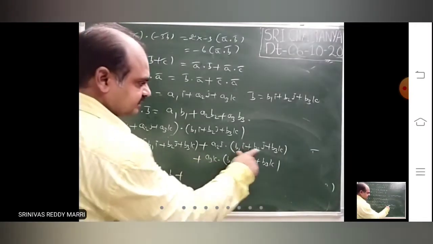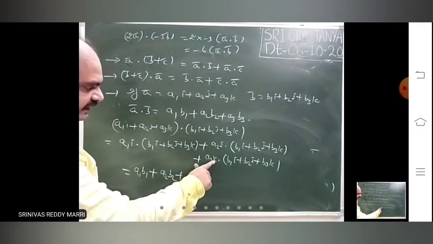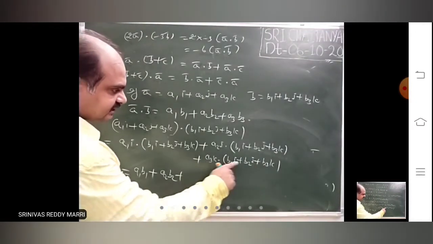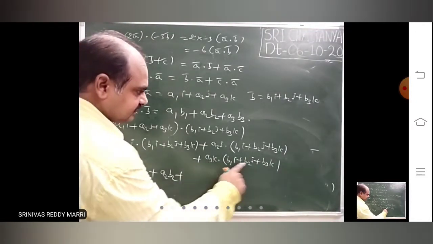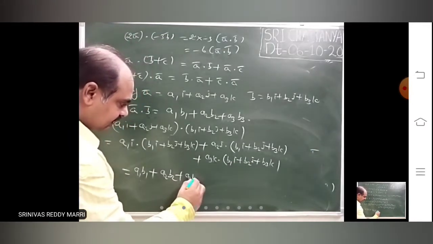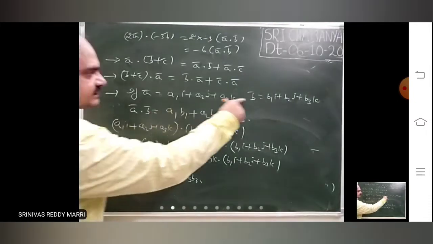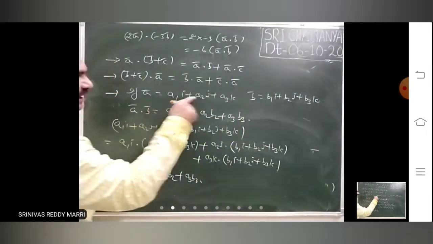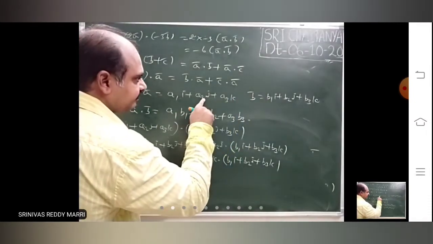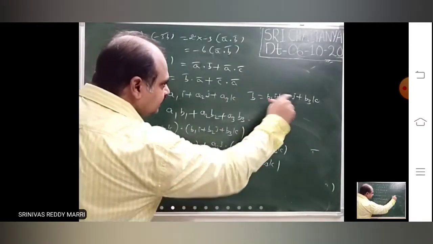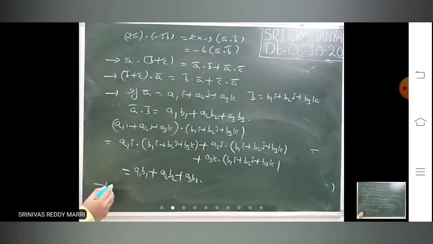J dot K is 0. Now for A3 K, dot I is 0, dot J is 0, and dot K gives A3 B3. So whenever two vectors are there, the dot product is the I coefficients multiplied, plus the J coefficients multiplied, plus the K coefficients multiplied.